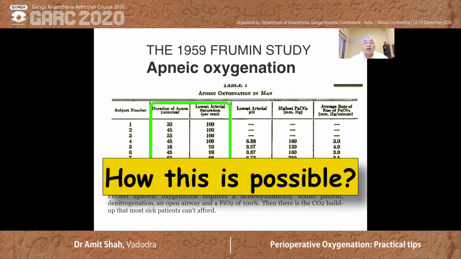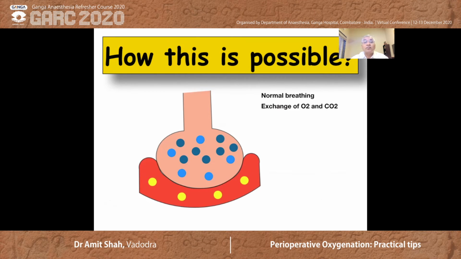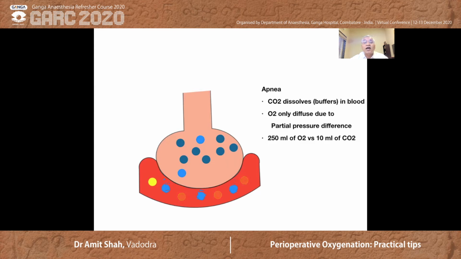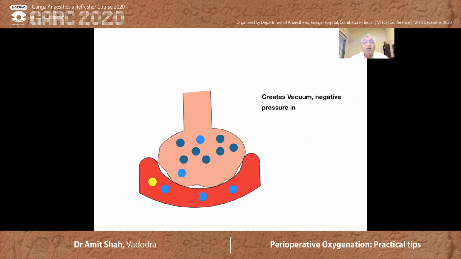How is this possible? Let us understand the mechanism. During normal breathing, exchange of oxygen and carbon dioxide depends upon alveolar partial pressure difference. The oxygen goes in and the carbon dioxide comes out. But during apnea, what happens? Because carbon dioxide has large buffering capacity in the blood, only oxygen diffuses due to partial pressure difference. So 250 ml of oxygen goes in while only a small amount of carbon dioxide comes out. Now, this disparity creates a vacuum in the alveoli, creates negative pressure in the alveoli.